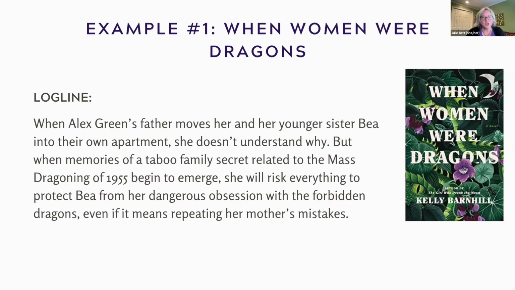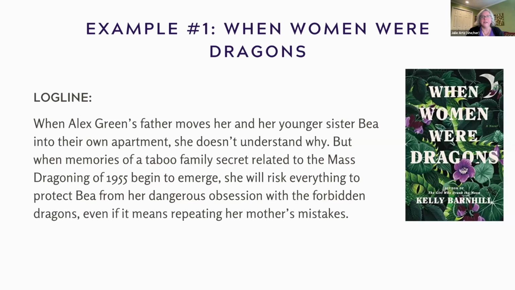So this short, two or three sentence log line is what we're looking for to just get a sense of who the main character is, right? We know Alex Green and her little sister B are going to be the main characters of this story. We know kind of what sets the story in motion, which is that at a young age, they're sent to live on their own without their father.